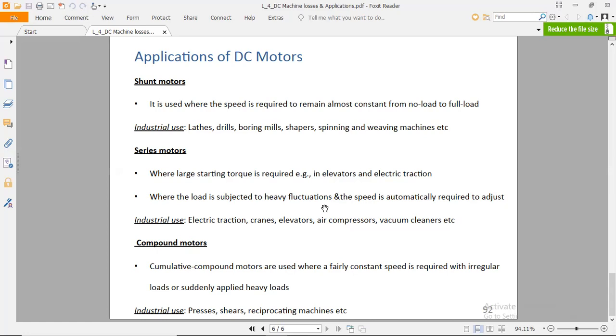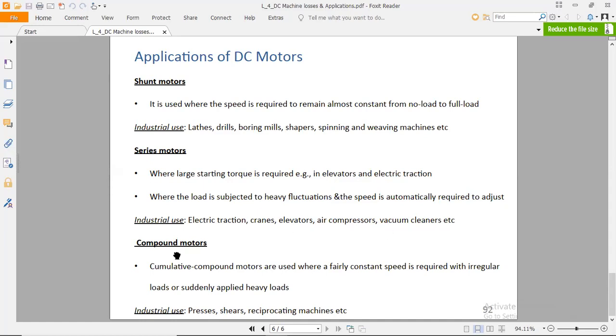It means that if a load is applied to the shaft, it needs a high torque. When the motor senses that a load is applied on the shaft, it increases its torque to overcome the load. Industrial uses include electric traction systems, cranes, elevators, air compressors, and vacuum cleaners, where we use series motors.